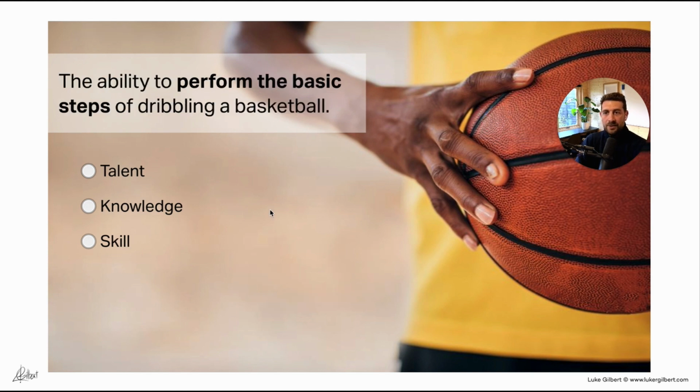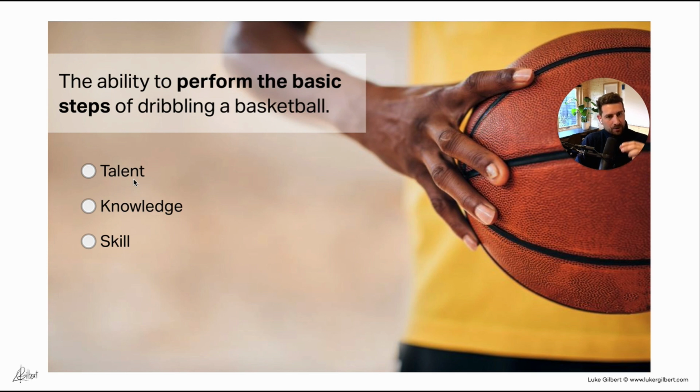So this last one, the ability to perform the basic steps of dribbling a basketball. So that's skill. Now you might say, okay, well, this guy's got natural talent at basketball, and we often confuse skill and talent. But the actual innate desire to compete, in this case, was the talent.